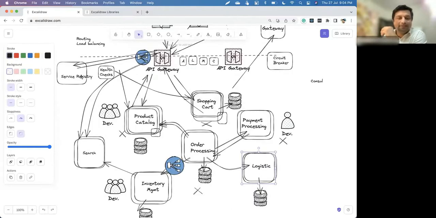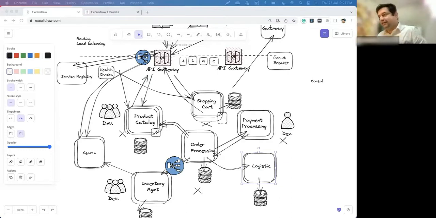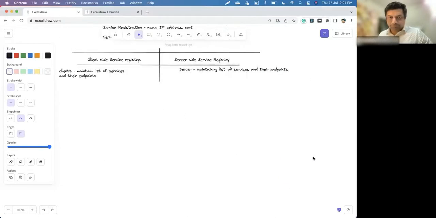Automatically this happens because when you run this new service, it will initialize and put its details in the service registry, and the code always makes a call to the service registry, and then makes a call to the service based on the endpoint it has returned. So this is the advantage.